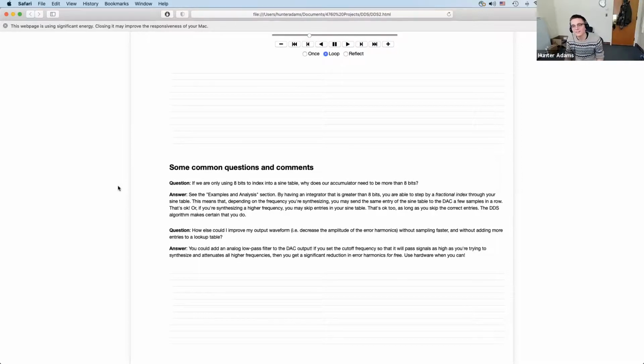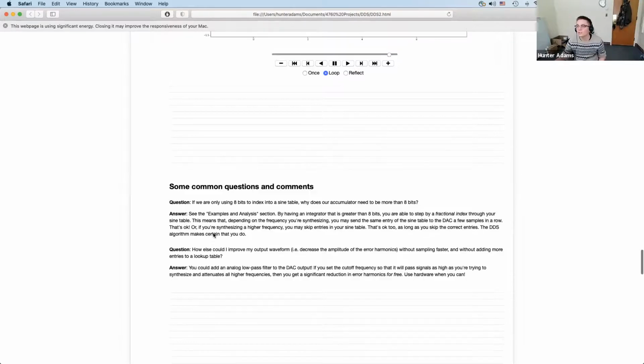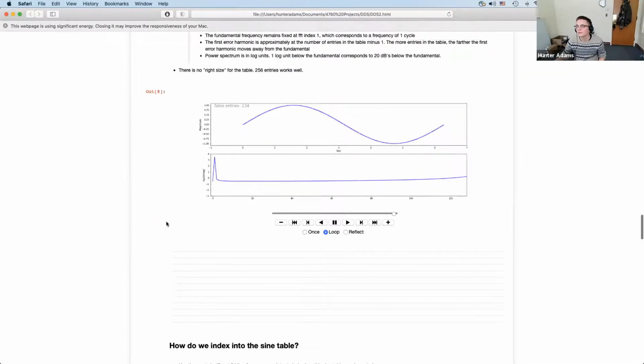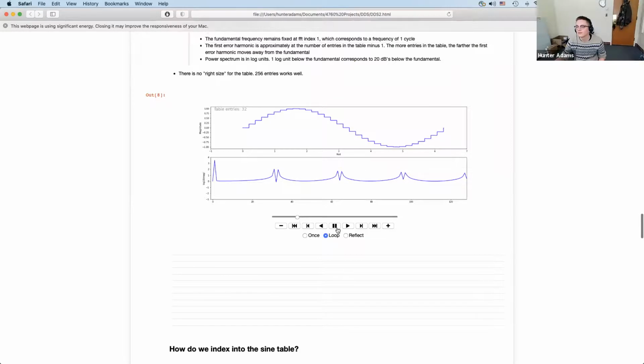And by the way, if we were in lab and if you could breadboard things, suppose that you wanted to improve these error harmonics without adding length to your sine table. Maybe there's some good reason that you don't want to do that. Another solution is to put a low pass filter between your DAC output and the speaker.